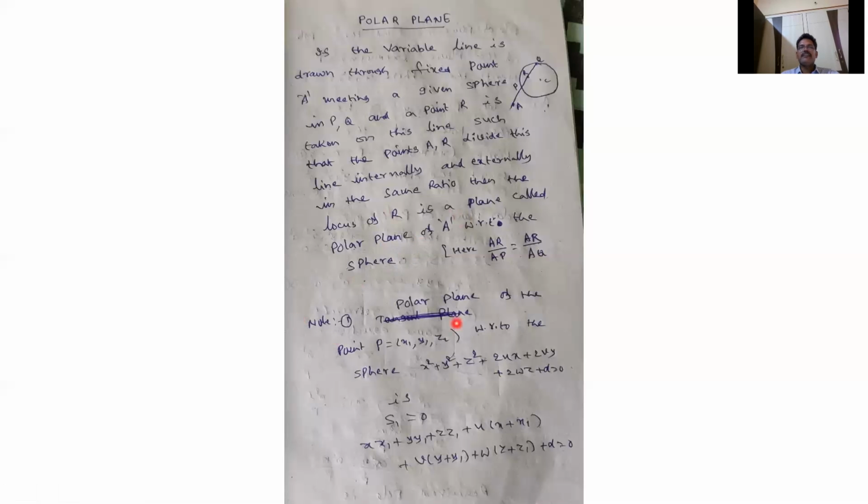Now, the polar plane of a point with respect to the sphere x square plus y square plus z square plus 2ux plus 2vy plus 2wz plus d equals 0, that is S equals 0, I am writing directly, is S1 equals 0.